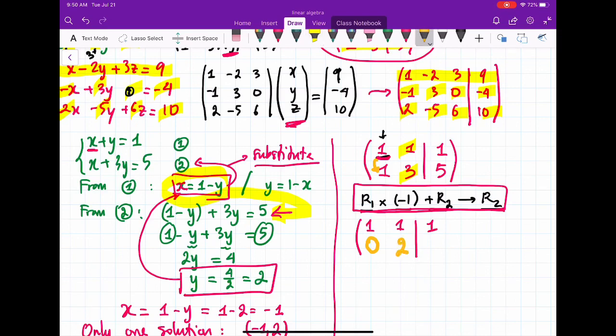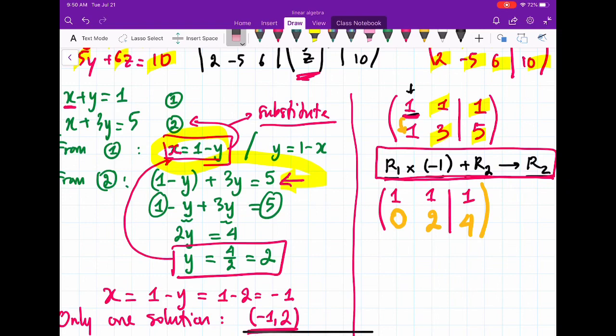You see that? And then -1 with 5 is 4. So that is my second equation. If you compare this with this guy, you can see actually they are the same. Why? This is 2y equal to 4.